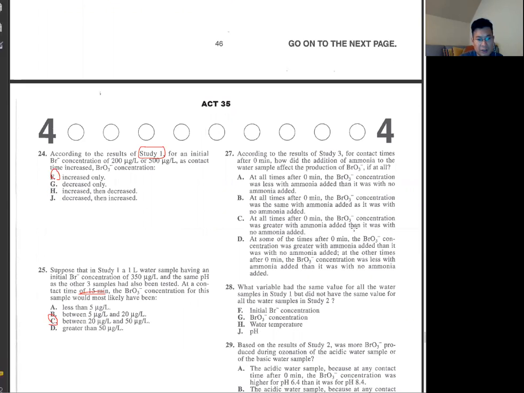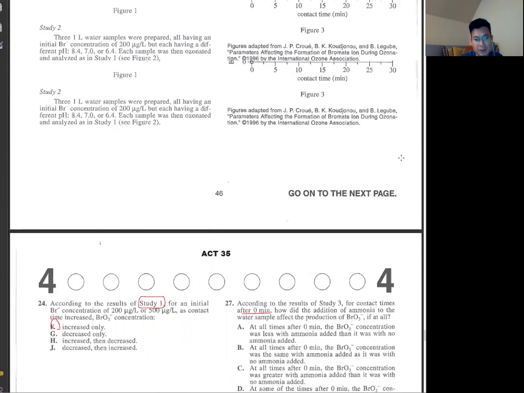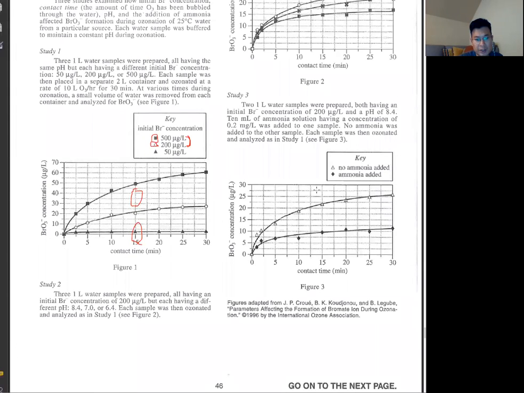And then 27, it says, according to the results of study 3, after a contact time of 0 minutes, how did the addition of ammonia to the water sample affect the production of BrO3? In study 3, ammonia added is this one, and no ammonia added is the empty triangle.